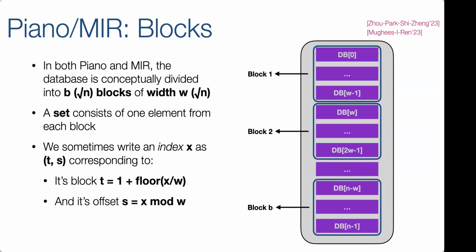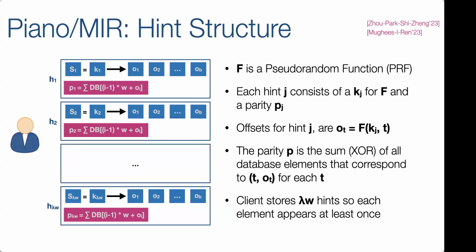So the hint structure. Here I'll talk about the relevant aspects of the hint structure. Both schemes have a little bit more going on, but this is all that's core to what we improve on. Both have a set and a parity. This is a bit closer to the hints in the original version of Piano. A set is going to be represented as a key.